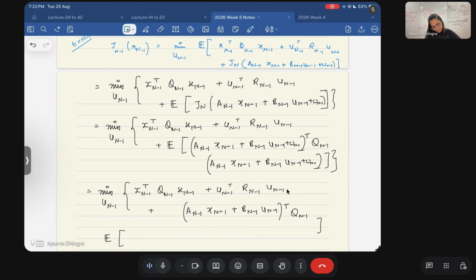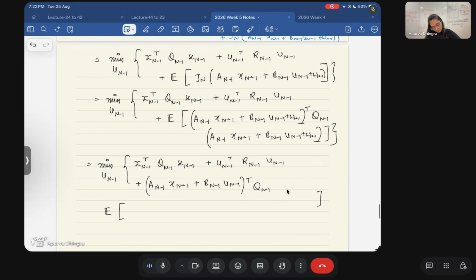This term has no dependence on omega, so it doesn't need to be within the expectation, and hence I can write this as follows.